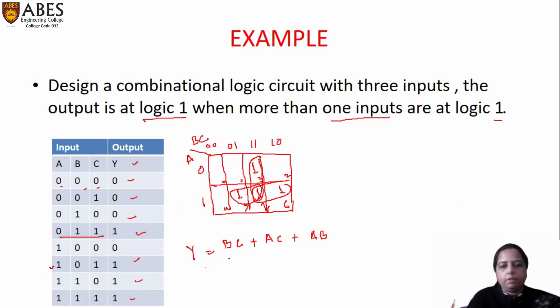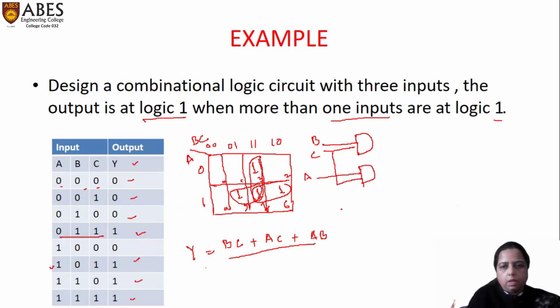And now on the basis of this Boolean function, we can draw the logic diagram. What would be the logic diagram? B and C are given to one AND gate. So from here we can give B, then C. Another, A C, can be drawn like this, that is A, then C can be taken from here only.